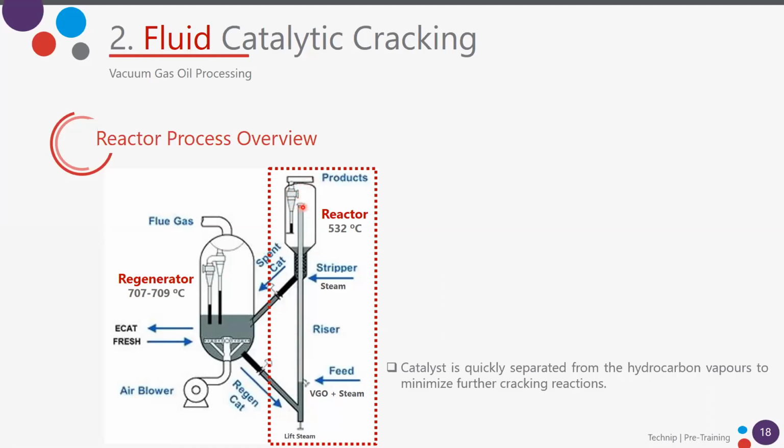You don't want further cracking, because then you would produce lighter components, and you would lose some of your gasoline. So that's why we want to separate the hydrocarbons from the catalyst quickly when you reach the end of the riser.